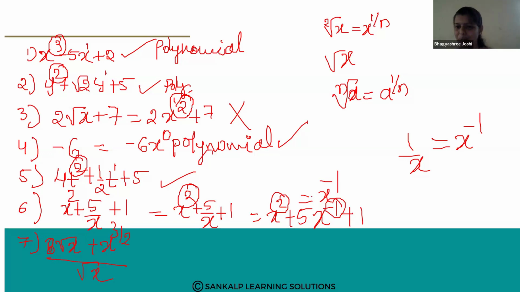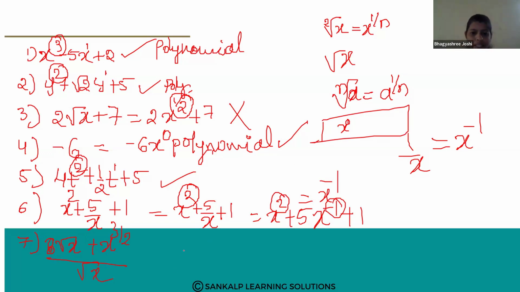No, it is not a whole number. Therefore, it is not a polynomial. So in an expression, all the powers should be whole numbers. If any one power is different, it is not a polynomial. It is an algebraic expression.